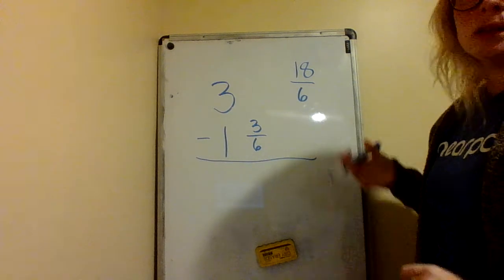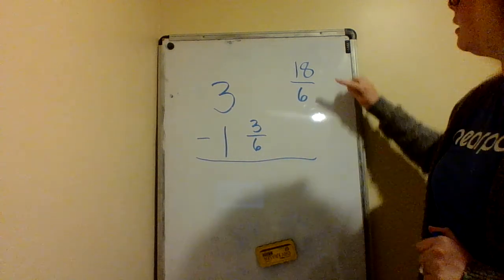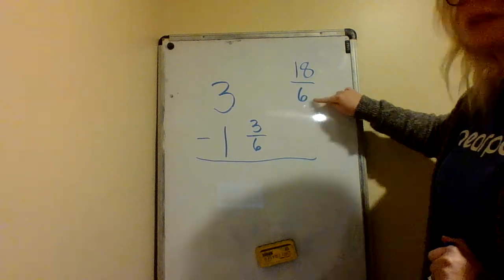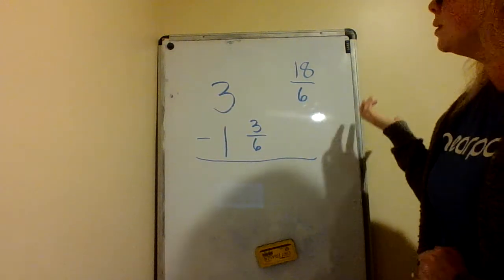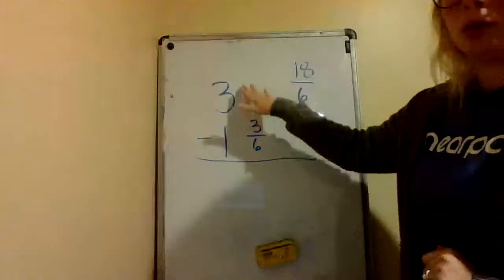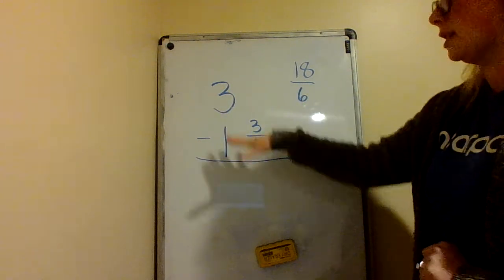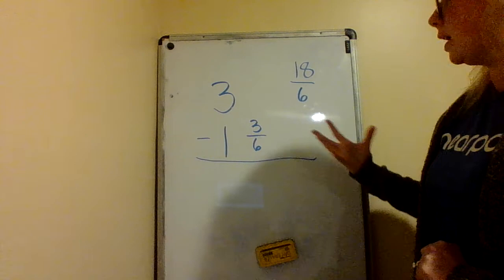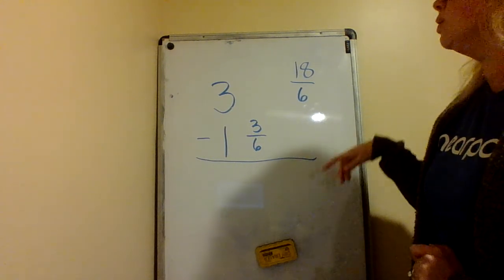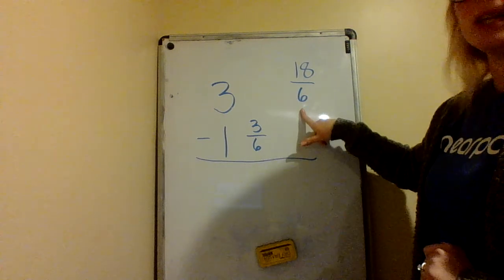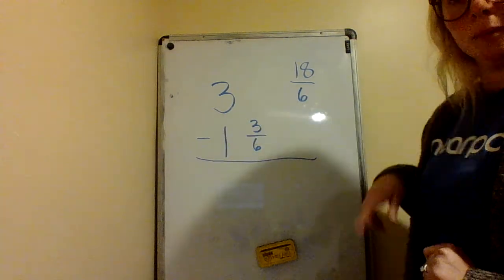Now, the reason you could do that, and you could double check, 18 divided by 6 is 3. So that's how you could double check. Okay? So when you see just one whole number and then subtracted by a mixed number, you can try to put it back into a fraction greater than 1. So if we're talking 6, you keep 6, and then you would just multiply whatever the whole number is.